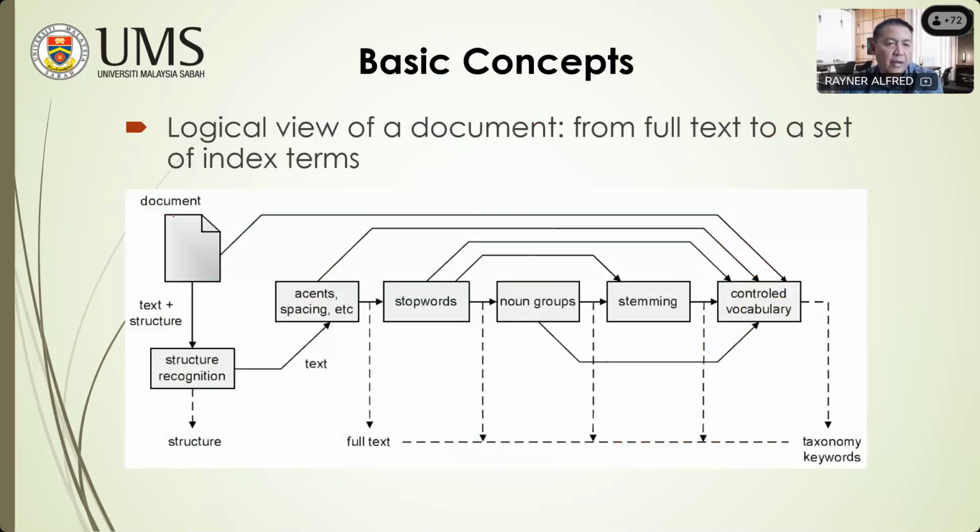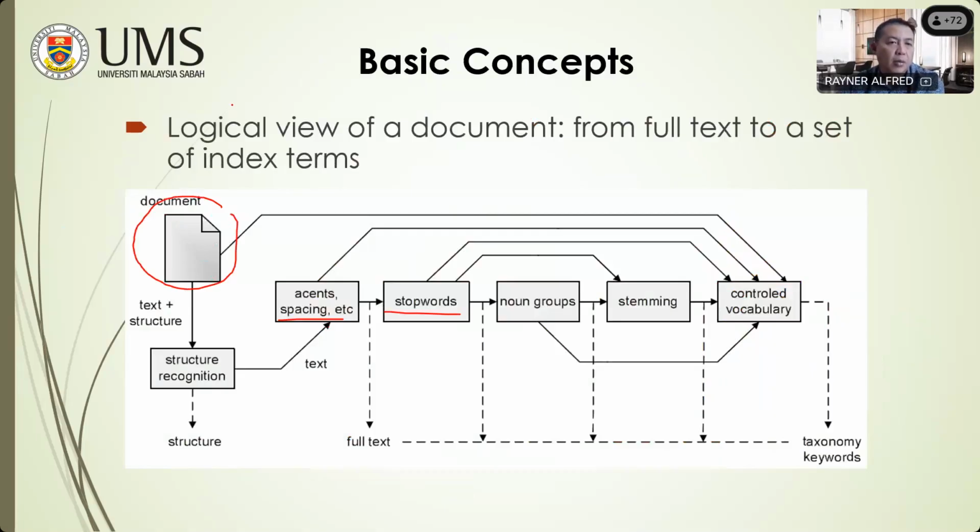So when you have the document that we have, we know the structure. So based on the structure that we have, we will remove all the spacing, and then we will remove all the stopword. Stopword is list of term that does not carry any meaning.